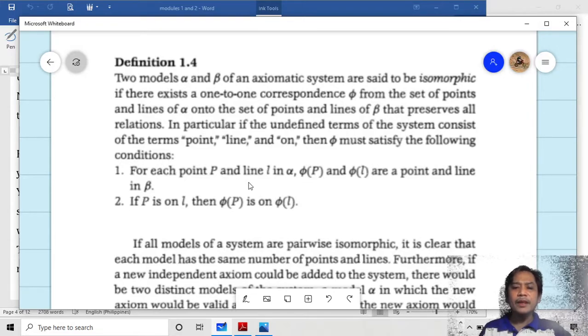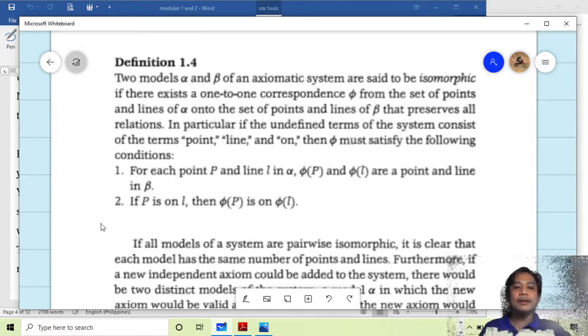Therefore, there should be a one-to-one correspondence, meaning the number of points in one should be the same as the number of points in the second, and then the relation of being on is preserved in the model. Meaning, if a point P is on a line L, then the image of P under phi should be on the image of L under phi.